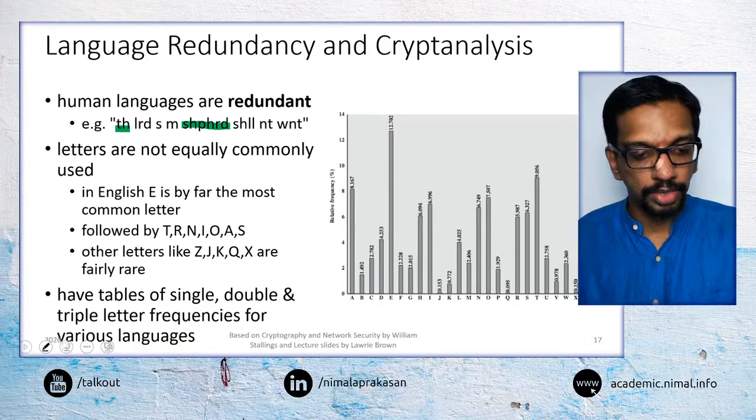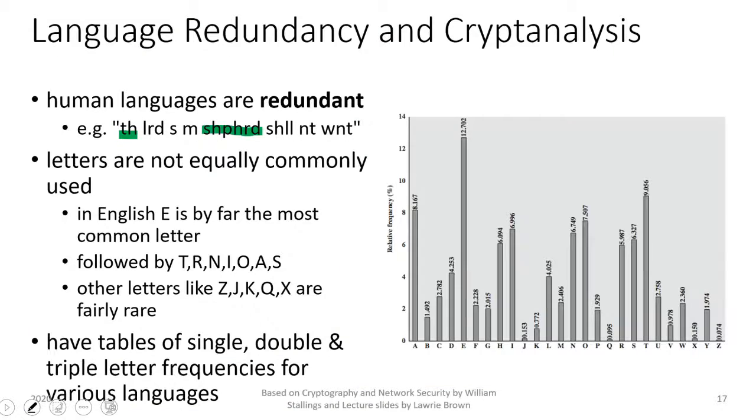And in English, for example, we can analyze. This graph that you see here shows the frequency of English letters appearing compared to other letters, and what we can see is E is the most commonly used letter in the English language.